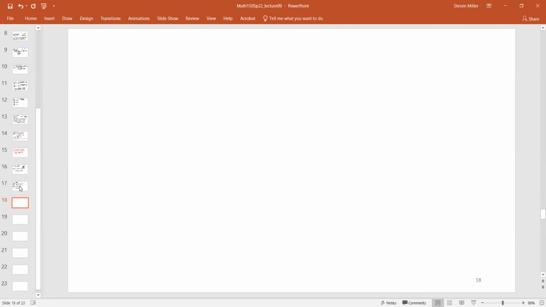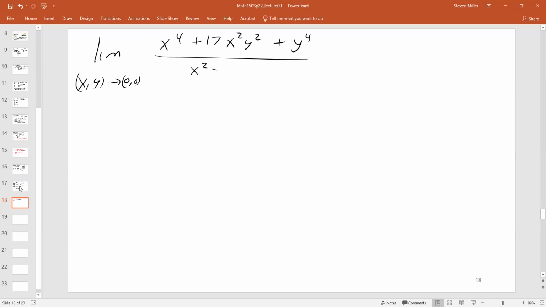So let's do now the limit as (x,y) goes to (0,0) of x to the fourth plus 17 x squared y squared plus y to the fourth, over x squared plus y squared.